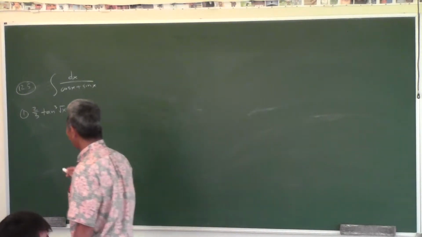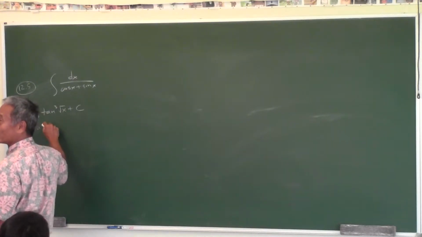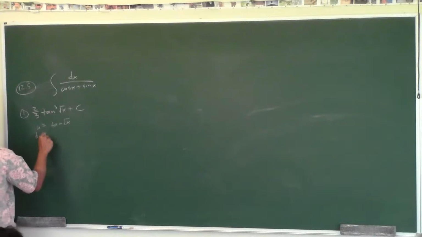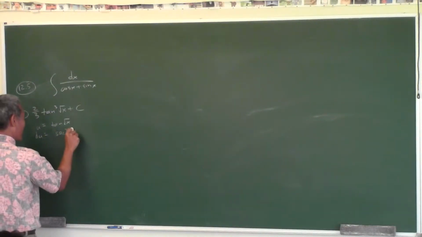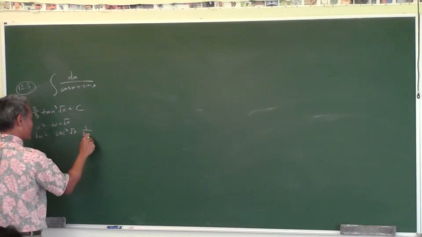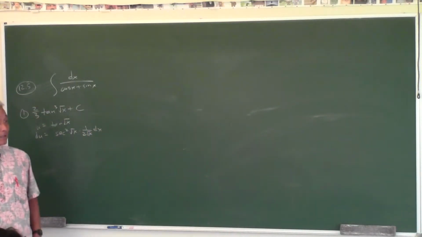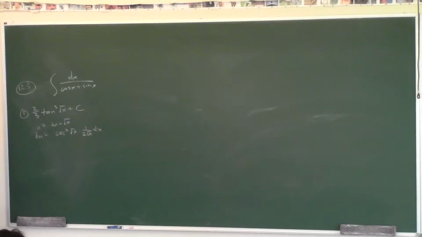Okay, so in number 1, you let u equal tangent root x. Then du is equal to secant squared root x times 1 over 2 root x dx. U substitution, this is the simplest thing.